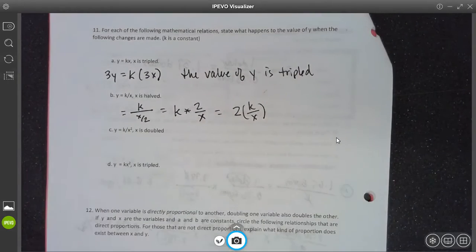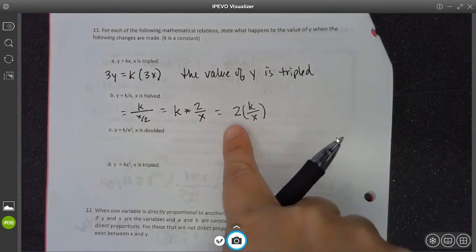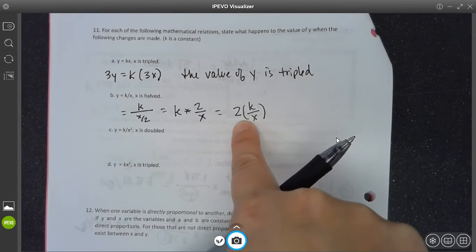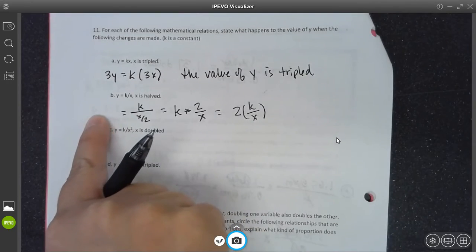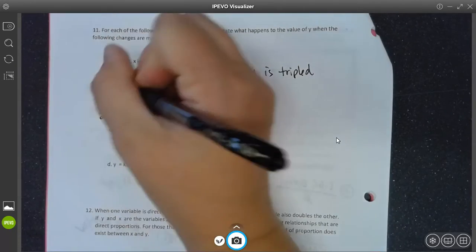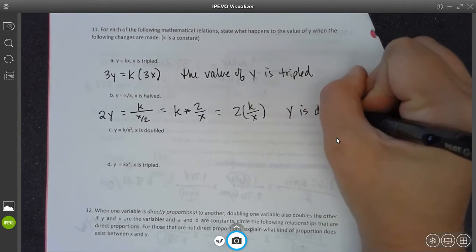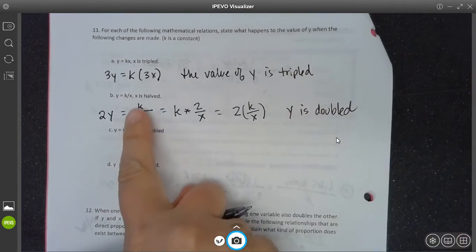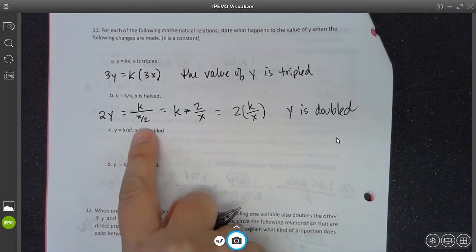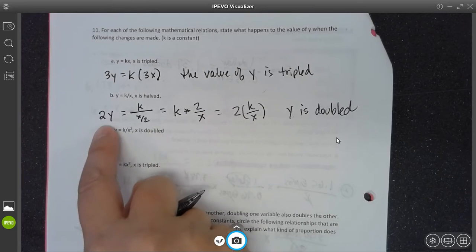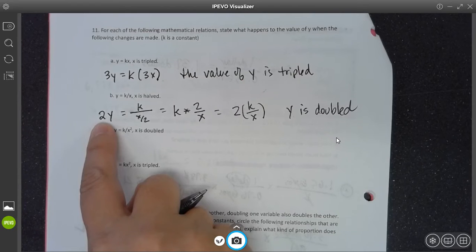So what has to happen to y? If you multiply this side by 2, then you have to multiply y by 2. This is because this is an inverse relationship. If you're looking at the denominator and you make it smaller, then y is going to be larger by that factor.